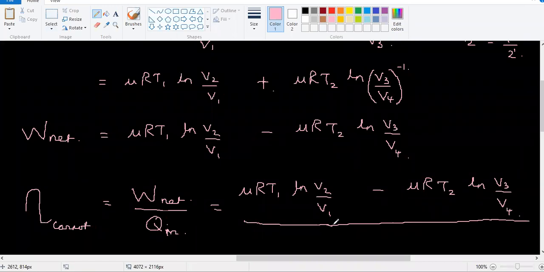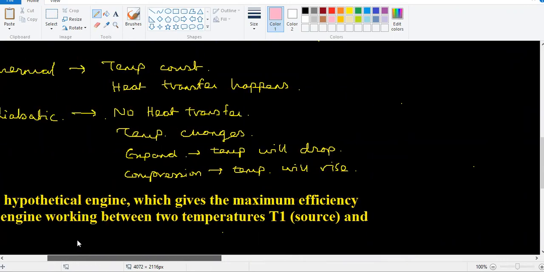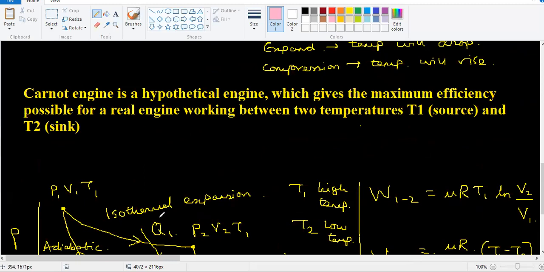Q in, right? If I go back to the diagram here, the graph, in isothermal, this is your Q in because you're supplying the heat. In an isothermal process, delta U is equal to 0.